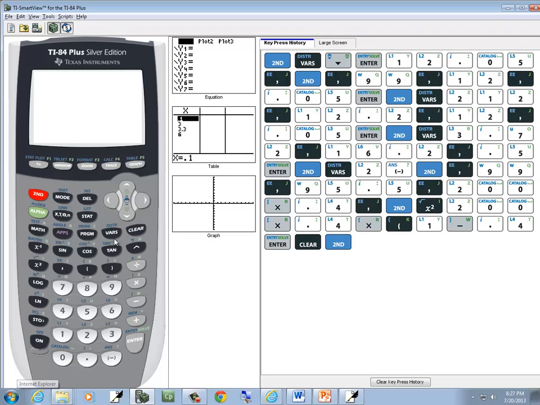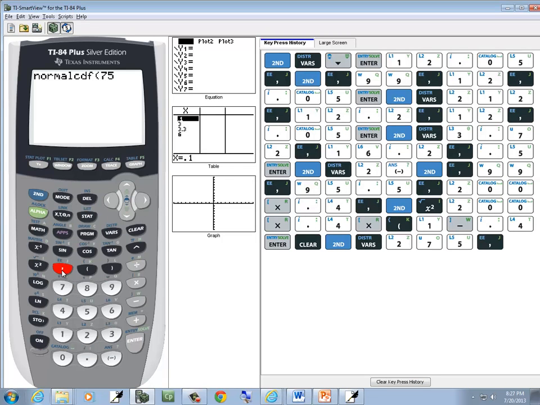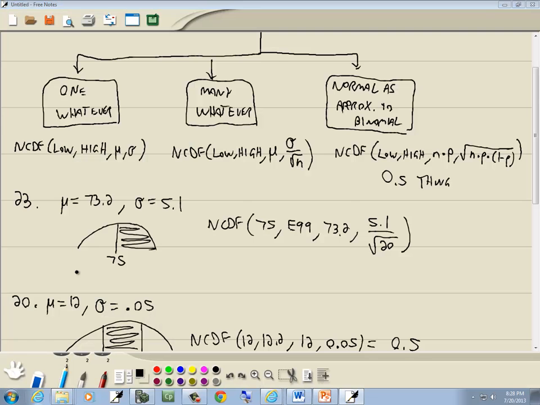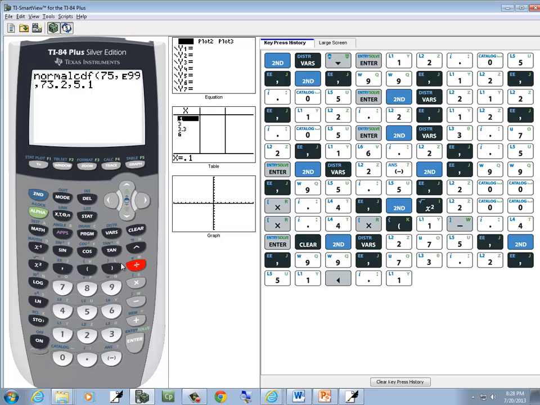Okay, so do 2nd VARS, choose normal CDF, 75, comma, 2nd, comma, 99, comma, 73.2, comma, 5.1, divided by 2nd x squared for the square root, and then was it 20?